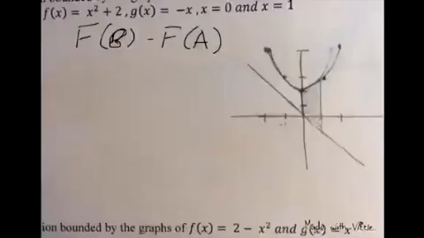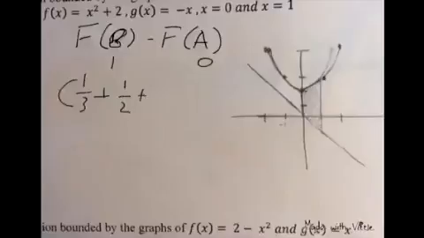So like I said before, your b is going to be 1, a is going to be 0, and when you plug in 1 for the equation x cubed over 3 plus x squared over 2 plus 2x, you're going to get 1/3, because 1 cubed is 1, plus 1/2, because 1 squared is 1, and then plus 2, because 2 times 1 is 2, minus, and since they all had x's in them, you can just go with 0, because 0 times anything is 0.